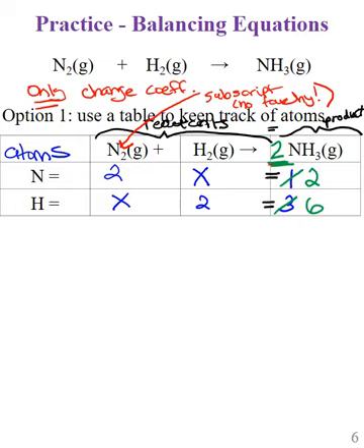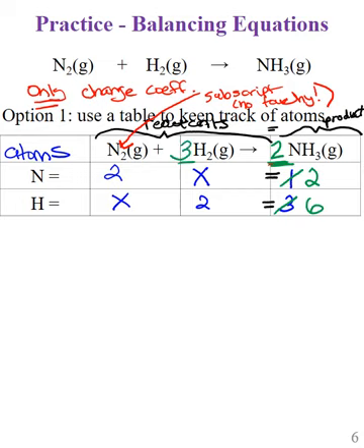Our nitrogens are happy, 2 and 2, but our hydrogens are not happy. So let's balance hydrogen. On the left side, I'm going to put a coefficient in front of this H2. What coefficient should I put out in front? What times 2 will equal 6? 3.